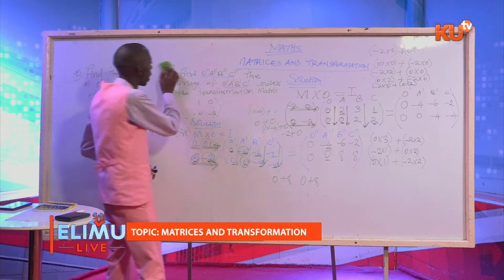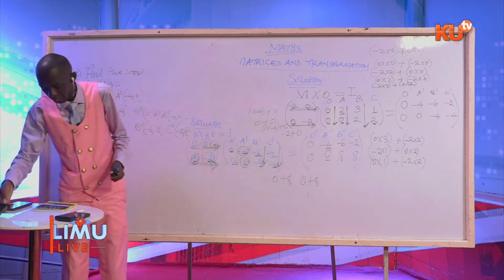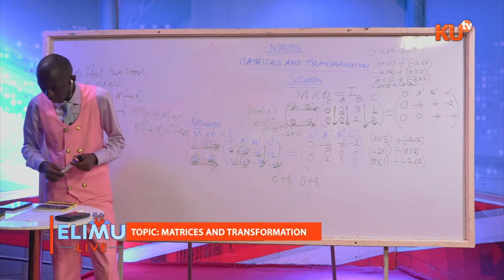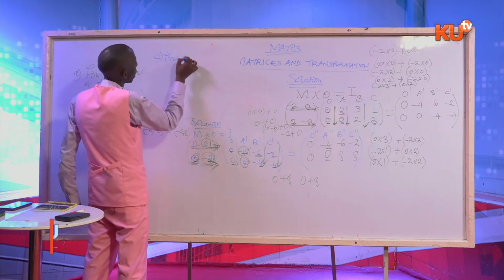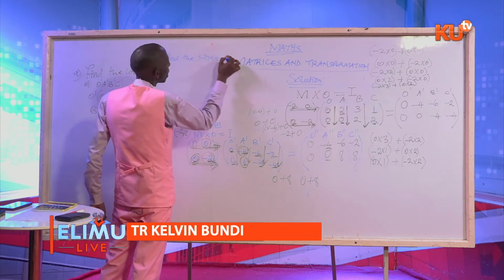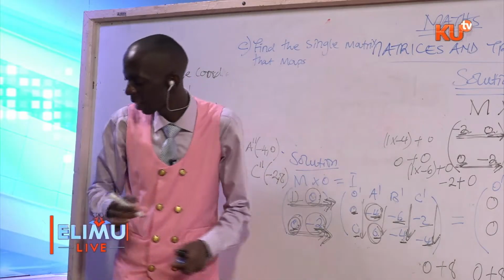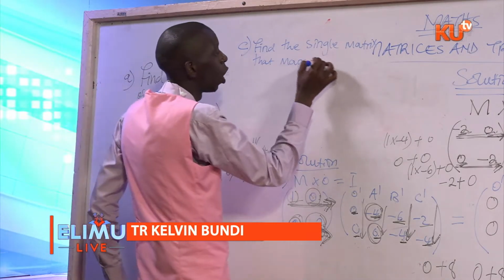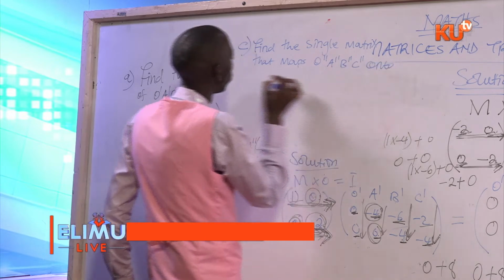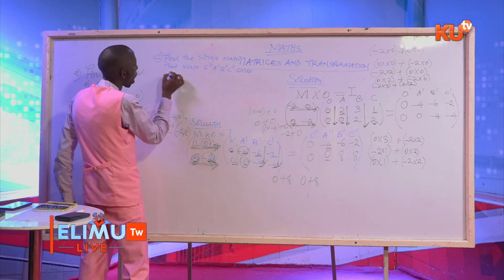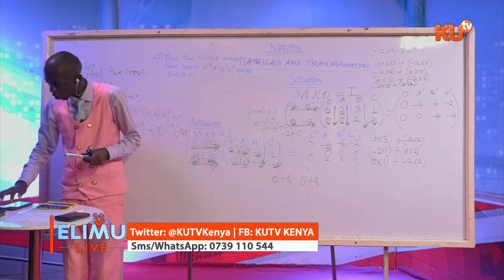Then we go to question number C, which is very important. Number C is saying, find the single matrix that maps O double prime, A double prime, B double prime, C double prime onto O, A, B, C. So, my dear students, here you must be very keen.